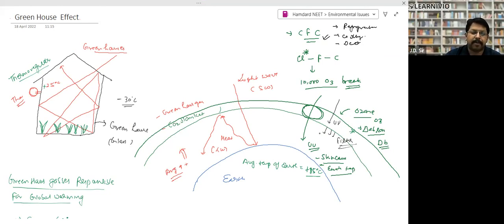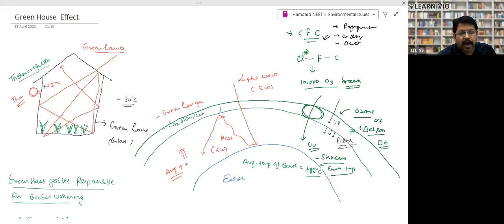But because of chlorofluorocarbon, CFC, which comes out from refrigerators, cold storage, cooling towers, and deodorants, CFC is getting released. CFC is made up of a chlorine atom, a fluorine atom, and a carbon atom, so it is called chlorofluorocarbon.